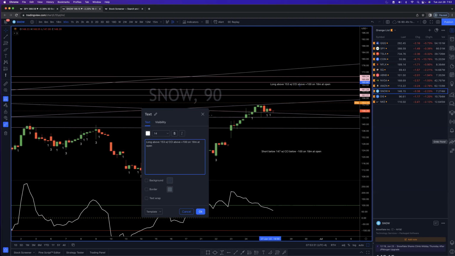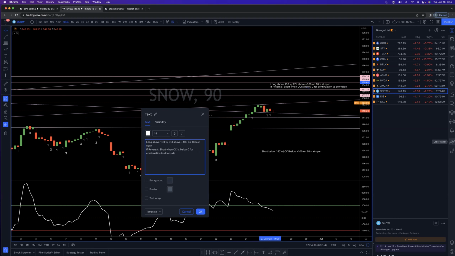So if it reverses, we'll say if gapper reversal, then we'll go short with our CCI cross below 0 for continuation down on the side.